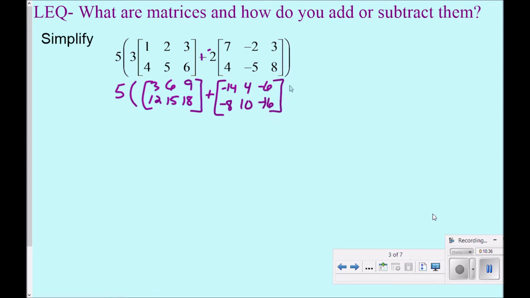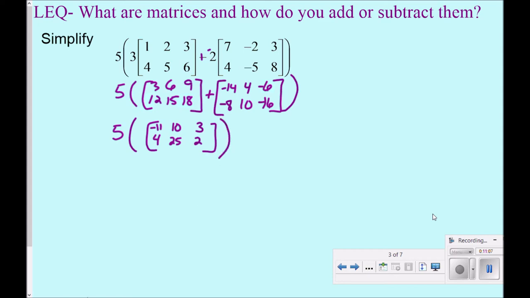So now that I've multiplied the scalars, now I can go ahead and finish the parentheses, which means add those two matrices. So I can add them because I do have the same dimensions. So 3 plus -14 is -11, 6 plus 4 is 10, 9 plus -6 is 3, 12 plus -8 is 4, 15 plus 10 is 25, and 18 plus -16 is 2.